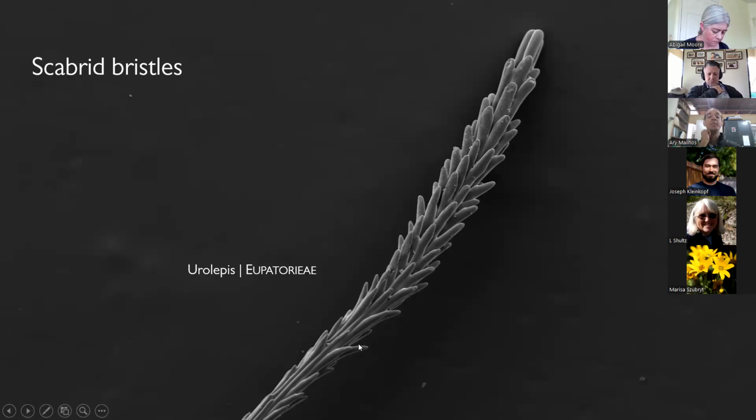And I also want to point out in this image I chose here to illustrate this, that the shape of the tips of these projections may also vary in different parts of the same element. Typically, in some species, the lower projections are more acute, and at the apex, they become more obtuse or rounded. And this is something that is very useful to separate species and genera. Like Robinson, in his treatment for the Eupatorieae, paid close attention to this and showed that yes, it can be useful to separate taxa.